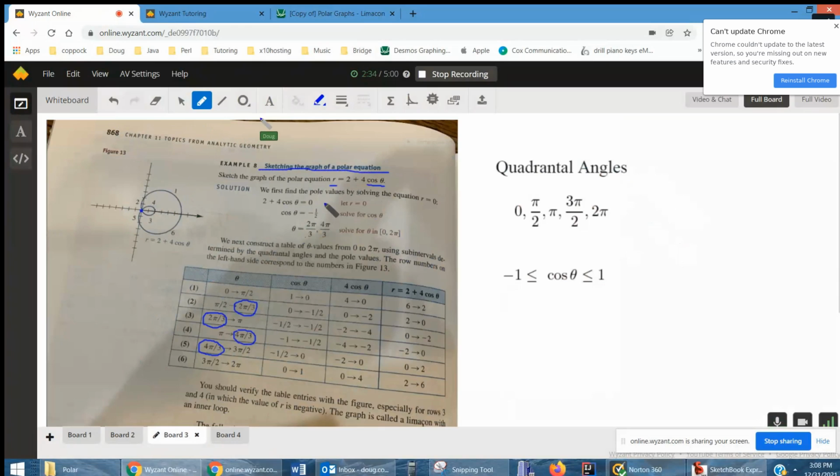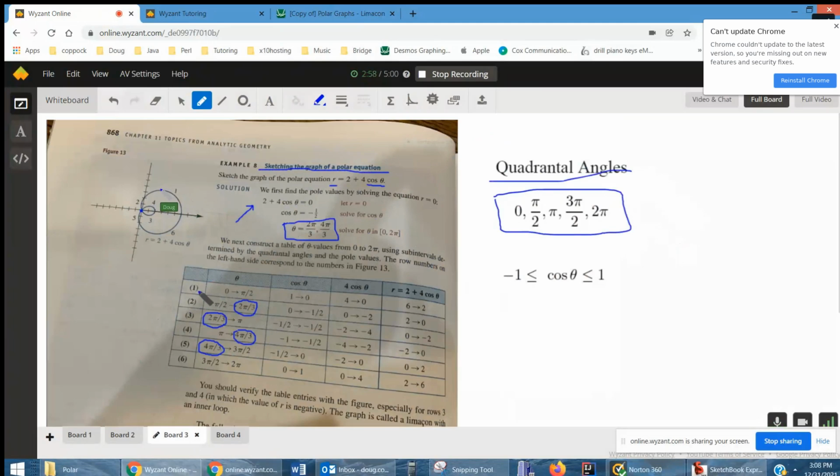To do that, you set r equal to 0 and solve the equation. It turns out these two values of theta return you to the pole, for theta between 0 and 2 pi inclusive. Quadrantal angles are angles along the axes, so this is a list of the quadrantal angles.